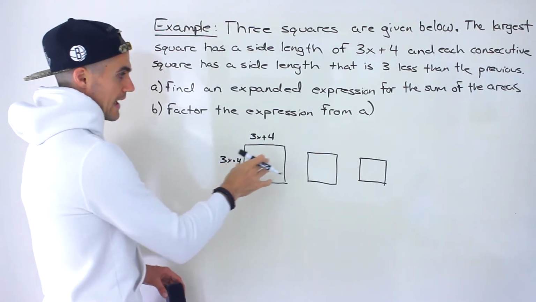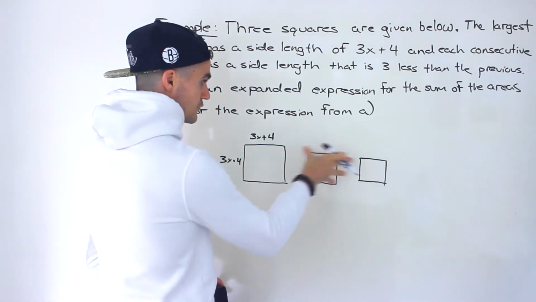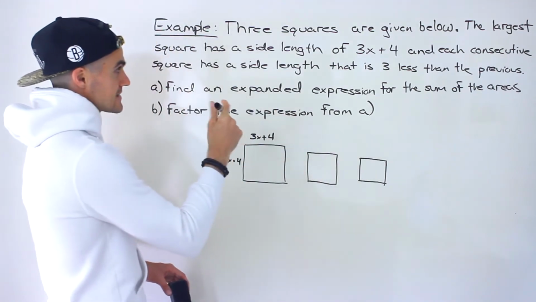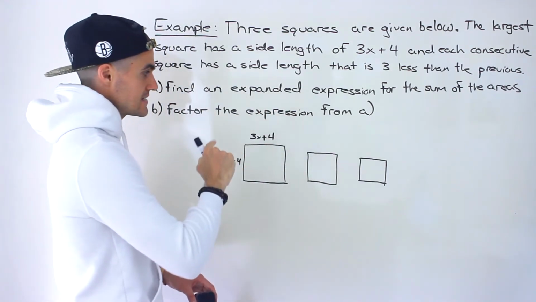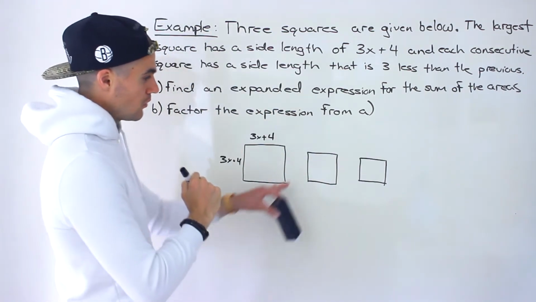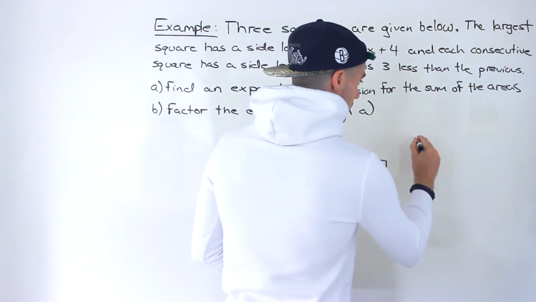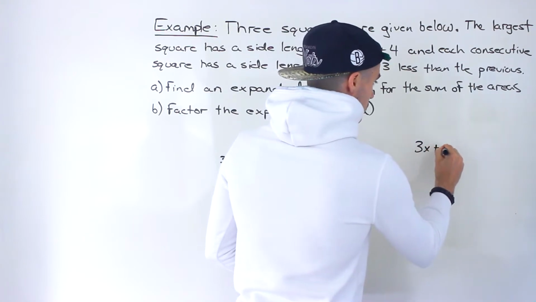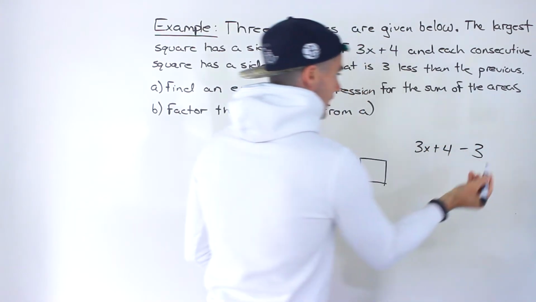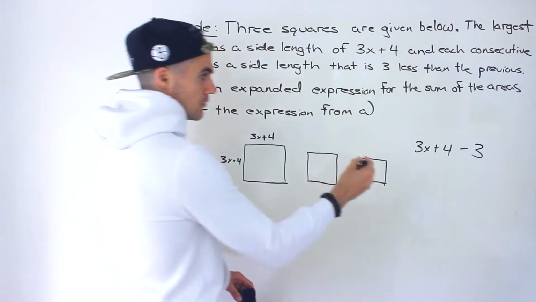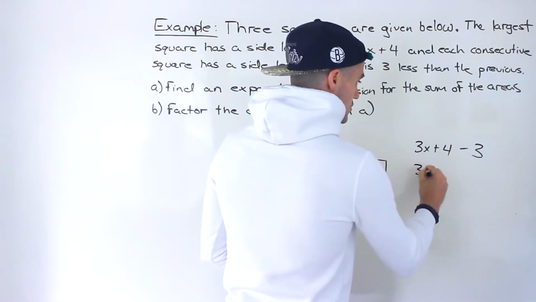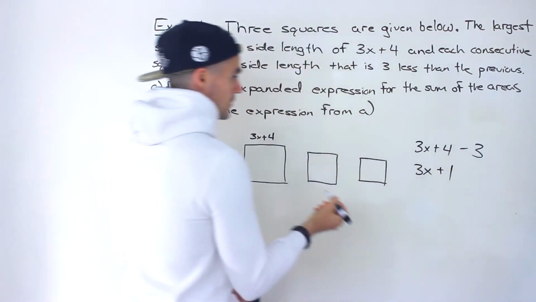But then we're told that each square after that has a side length that is 3 less than the previous one. So what would be the side length of this one over here? Well, we would take the side length of the previous one, 3x plus 4, and then just subtract 3. And when we do that, notice the 4 minus 3, those are like terms, and it would be 3x plus 1.